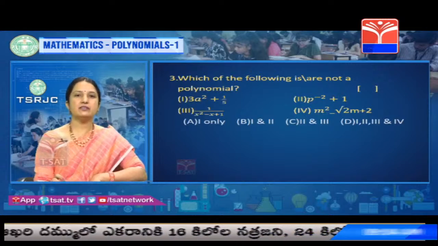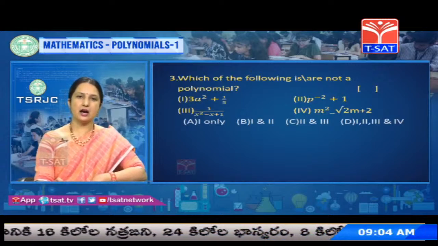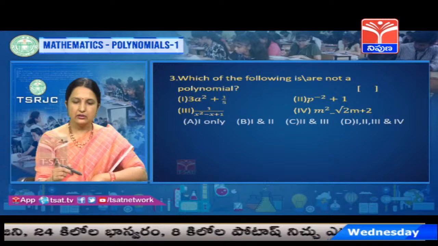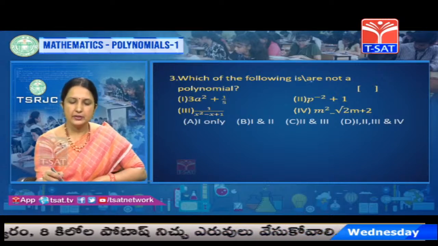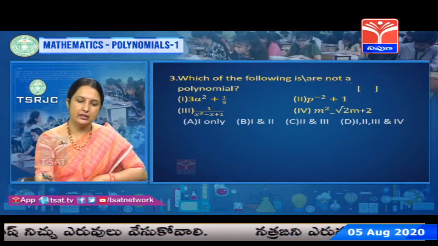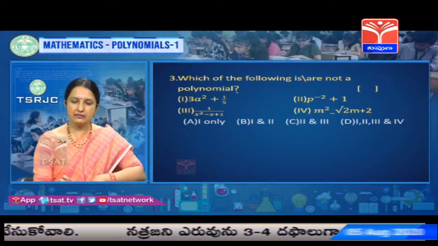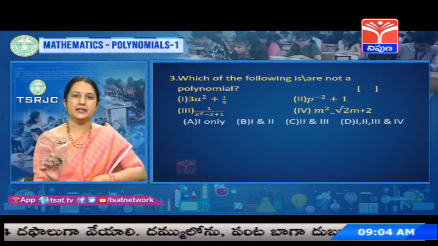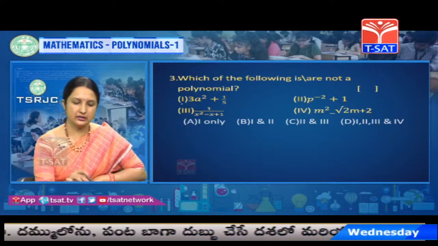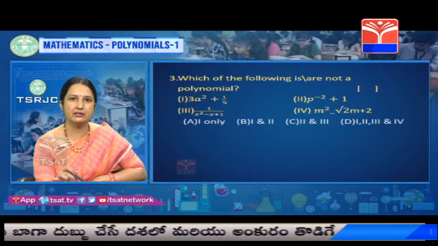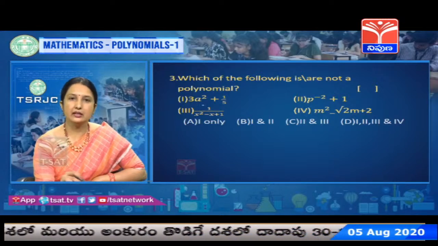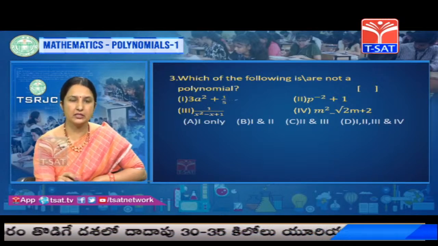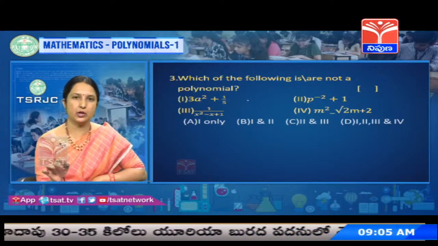Next, which of the following are not a polynomial? We have to identify which are not polynomials. The first one, you see 3a square plus 1 by 5. The powers are whole numbers, so it is a polynomial.